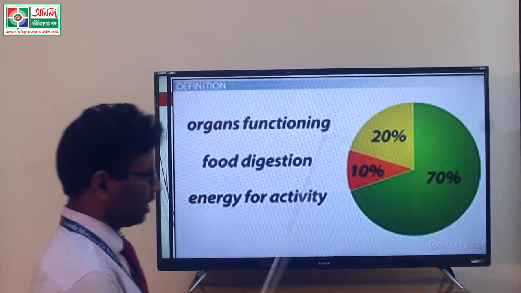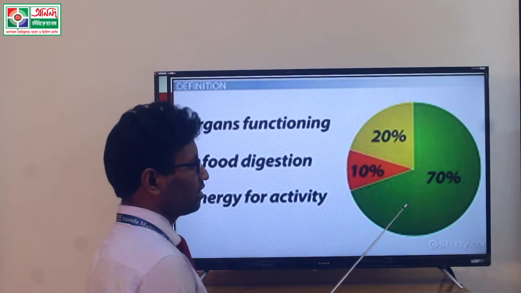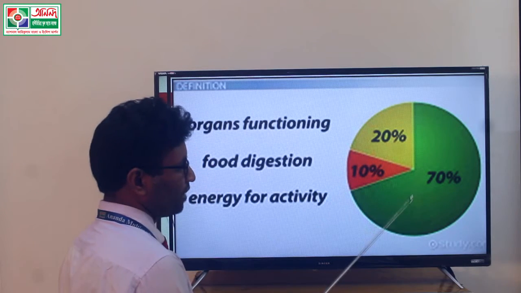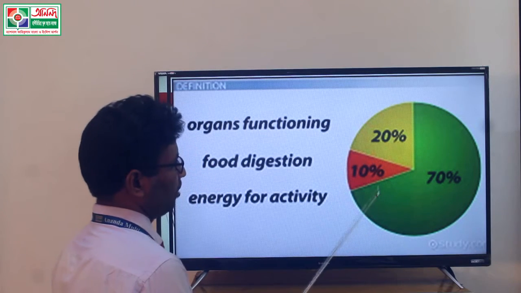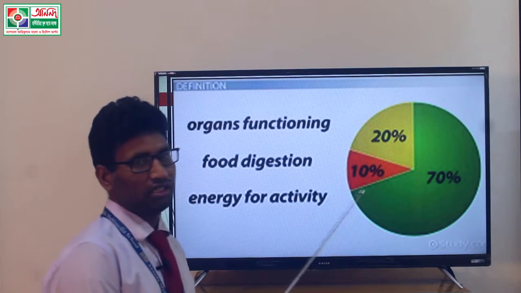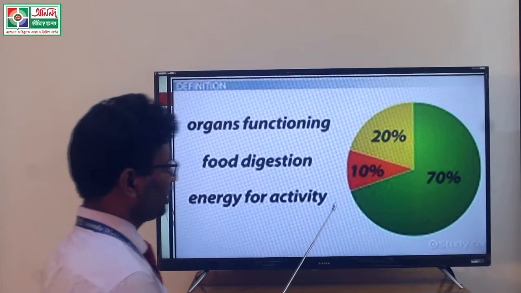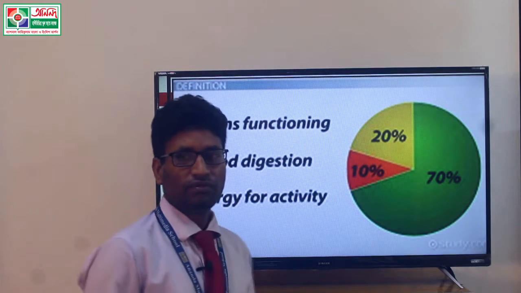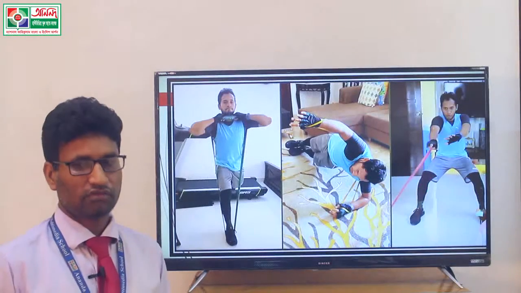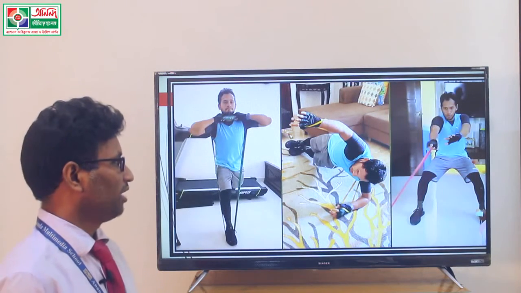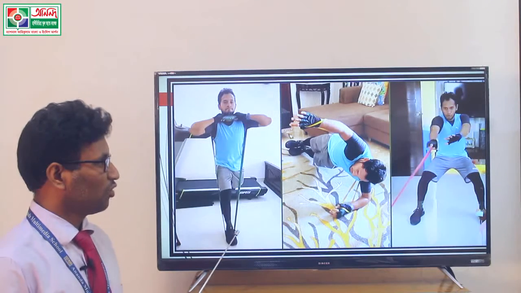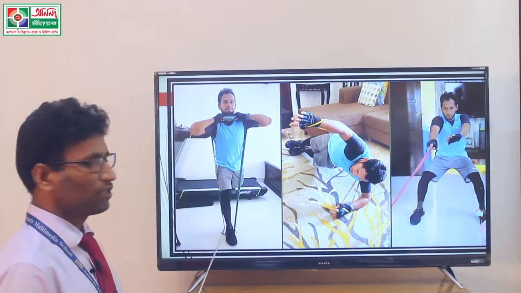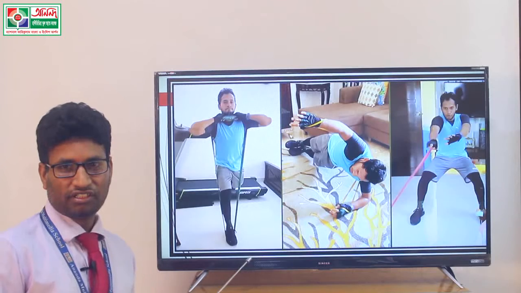Again I say that we can get 70% of energy from BMR. On the other hand, 20% of energy we can get from hard working, and the other 10% we can get from taking food.